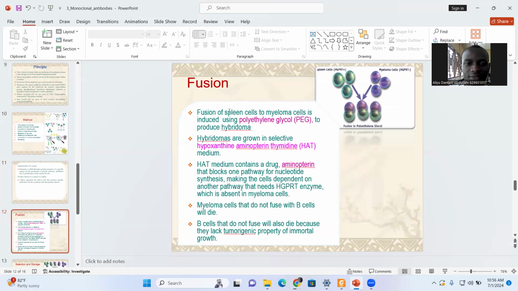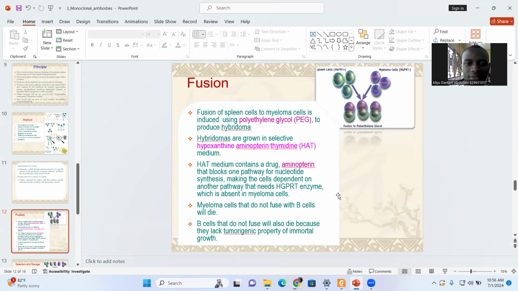The fusion stage. The fusion is done using polyethylene glycol. If you want to know more about this, you can browse videos on YouTube. It's production of hybridoma using PEG. So hybridomas are grown in this medium, which I've mentioned before. If the hybridoma is formed, they grow well in this medium. If the fusion is not successful, they are not going to grow.